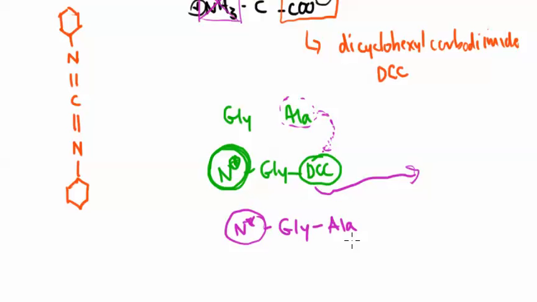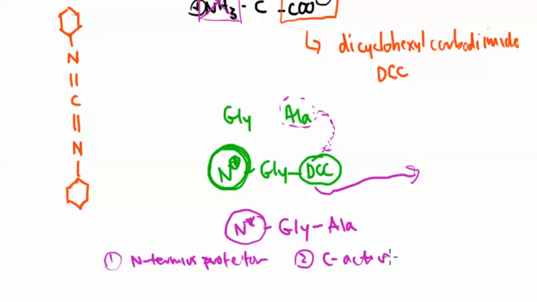Now, typically, if I wanted to continue on with maybe a third amino acid or a fourth amino acid, here is what I would do. In the first step, you add your N-terminus protector on. In the second step, you add your C activator on.